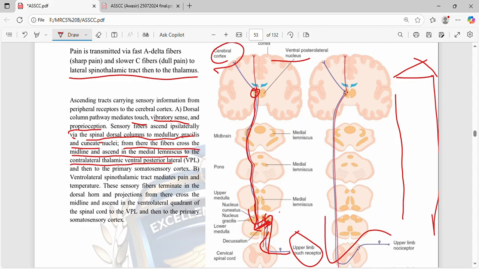Ventrolateral spinothalamic tract mediates pain and temperature. What do they do? Pain and temperature. And the anterior spinothalamic tract mediates crude touch and pressure sensation; sorry, pain and temperature go through the ventral, and crude touch and pressure through the anterior spinothalamic tract.